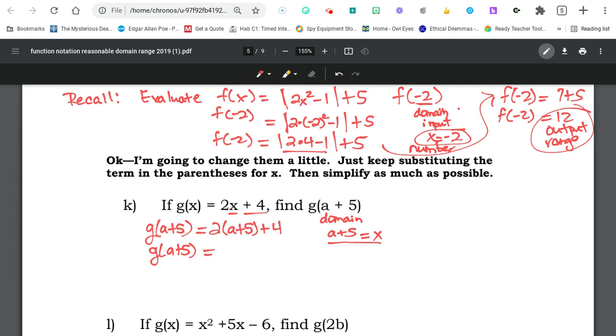I get to use the distributive property to simplify my expression. 2 times a is 2a, 2 times 5 is 10, and plus 4. And then I get to combine like terms on the right side. So g evaluated at the algebraic expression a plus 5 ends up being 2a plus 14.